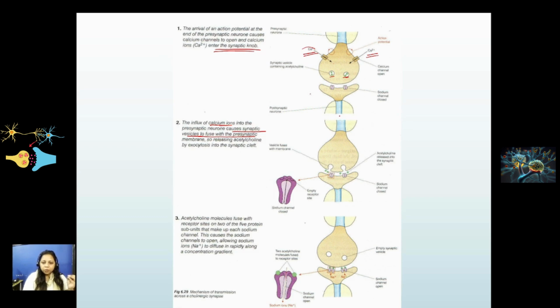So when this is released, the neurotransmitters, which are basically acetylcholine, are released into the space. So these are the neurotransmitters. Then further on, when acetylcholine is released into the space, these are accepted by the receptors.